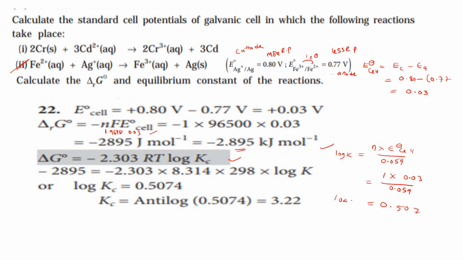So log K equals 0.507. Now what to do here? Take antilog.